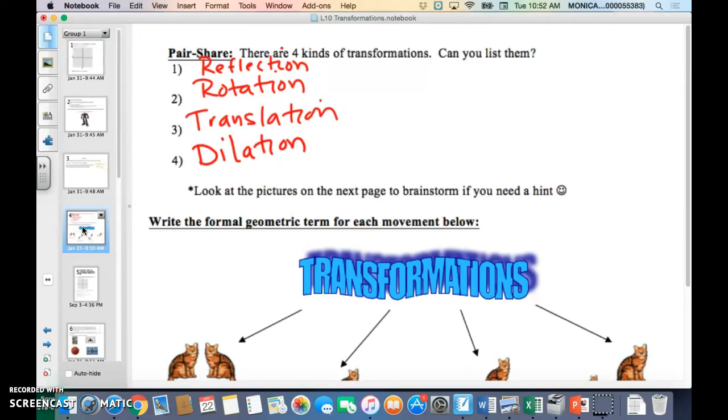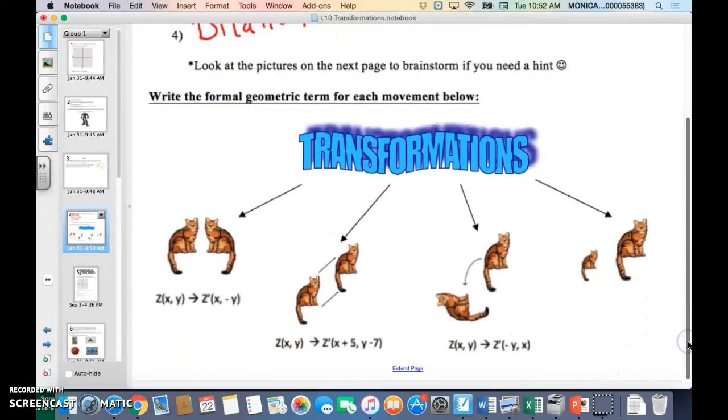And this should also take you back to like 8th grade math. So let's go ahead and look at the pictures below, and you can see the different rules that occur. So this one right here would be what we call a reflection. This would be a translation because it's just a slide. So this you should think mirror. This you should think slide.